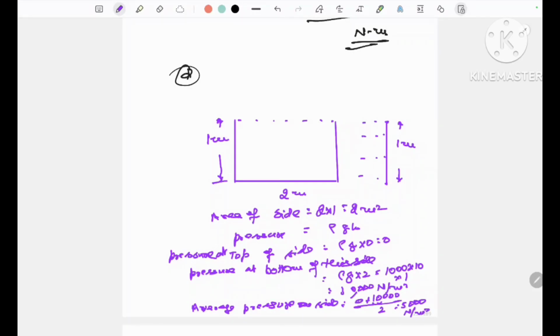The average pressure on this side is 5,000 and area is 2 meter square.